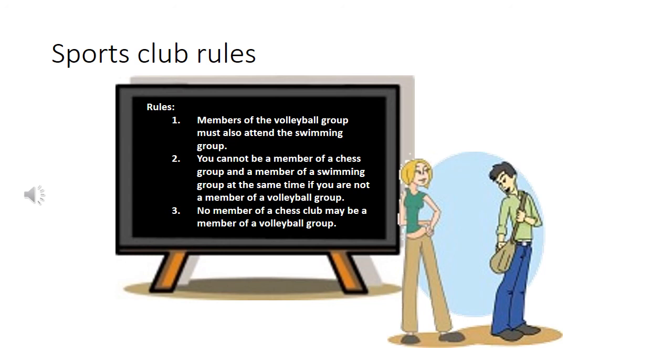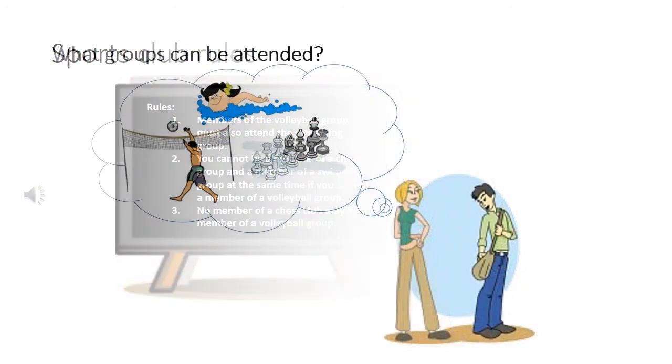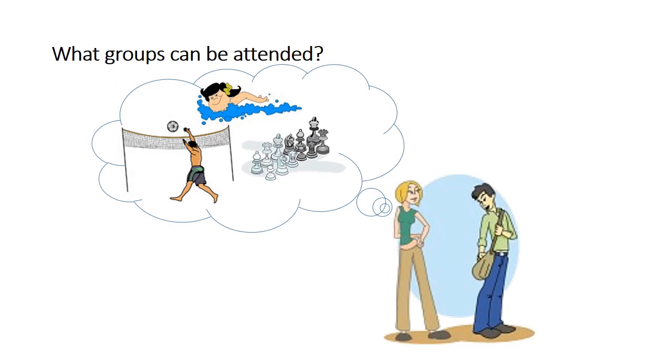And the question is now, how can we simplify these rules to make them clearer? You need to help students get an answer to a question: what groups can be attended together? To solve this, you need to write those statements as logical formulas.